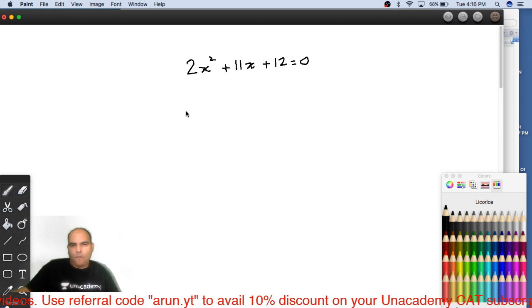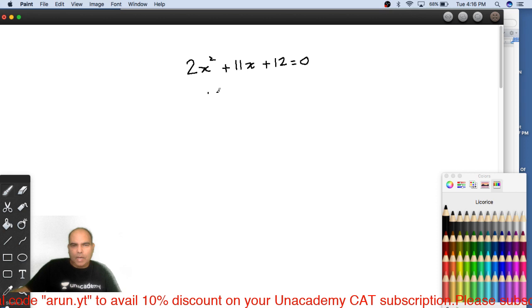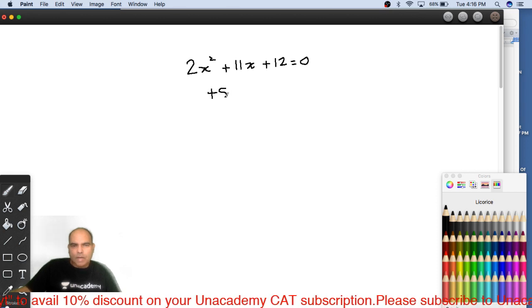You are able to split the middle term as plus 8x and plus 3x.